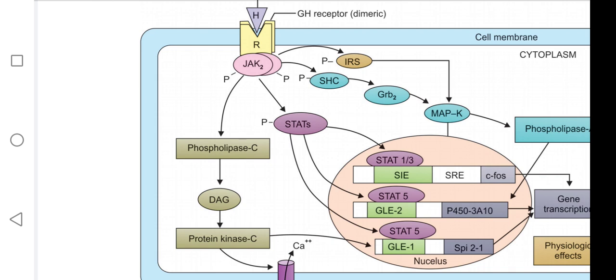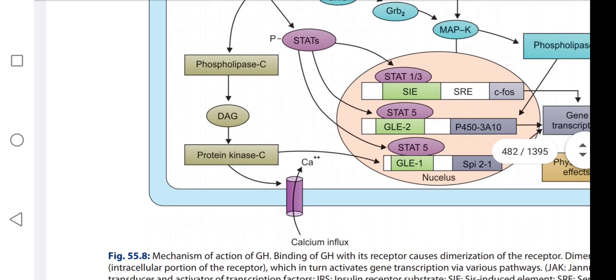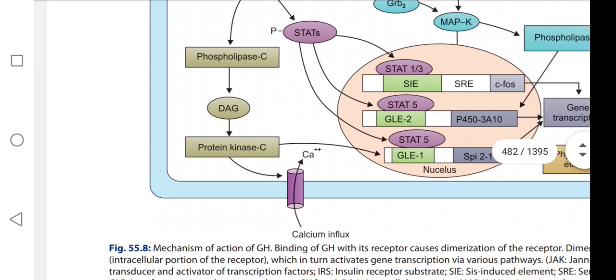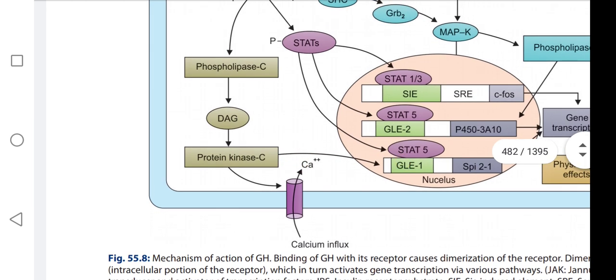This DAG initiates the calcium influx into the cytoplasm through the phosphokinase. Thus, it induces gene transcription.